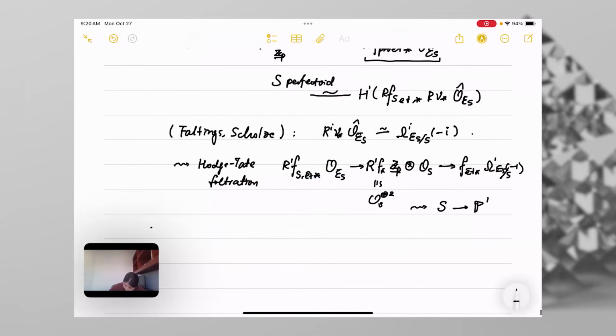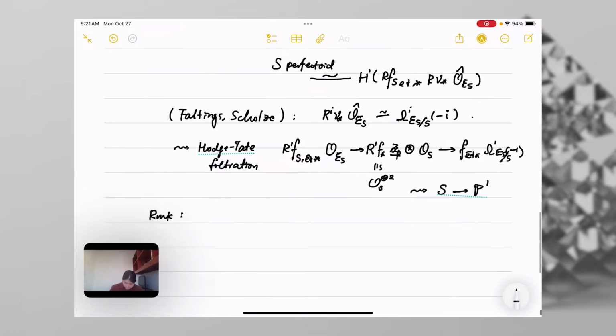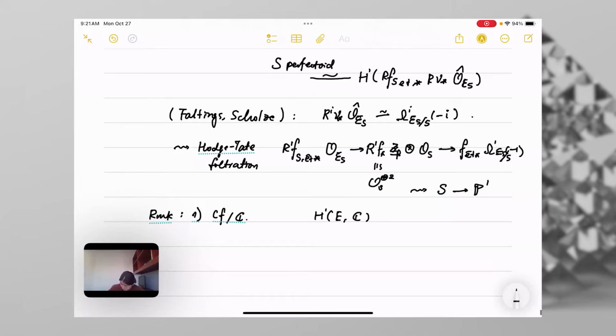So let me make a few remarks here. The first one is that this is analogous to over the complex numbers, where you would take the singular cohomology with Z coefficients tensored up to C, and then you have a Hodge filtration on this thing.